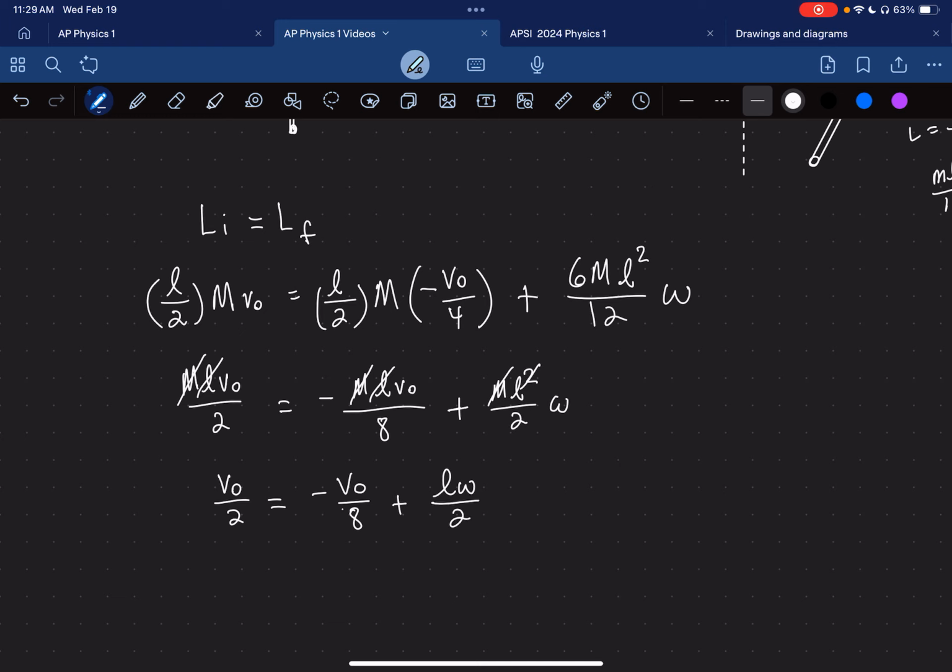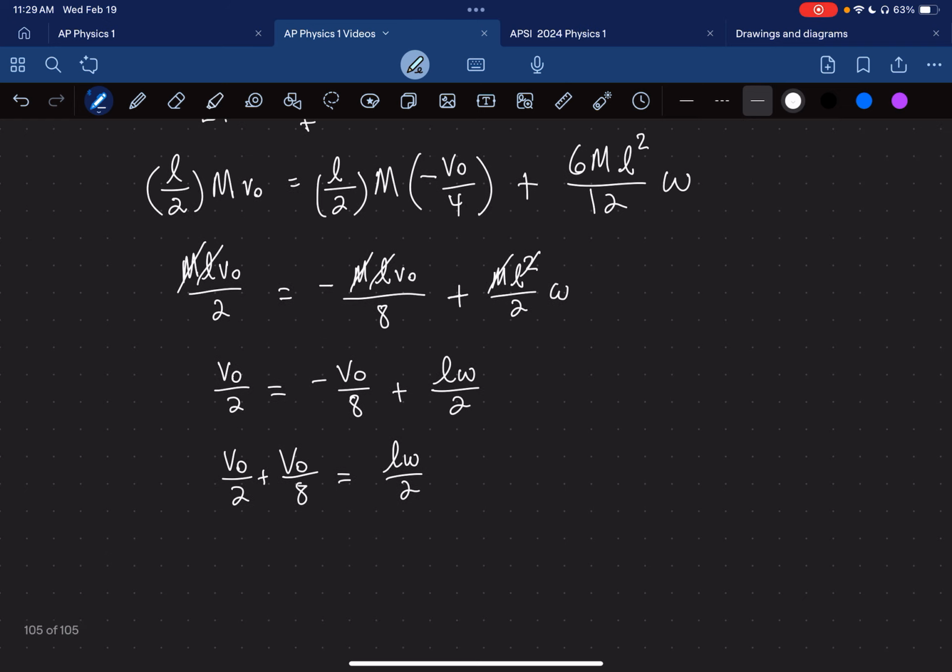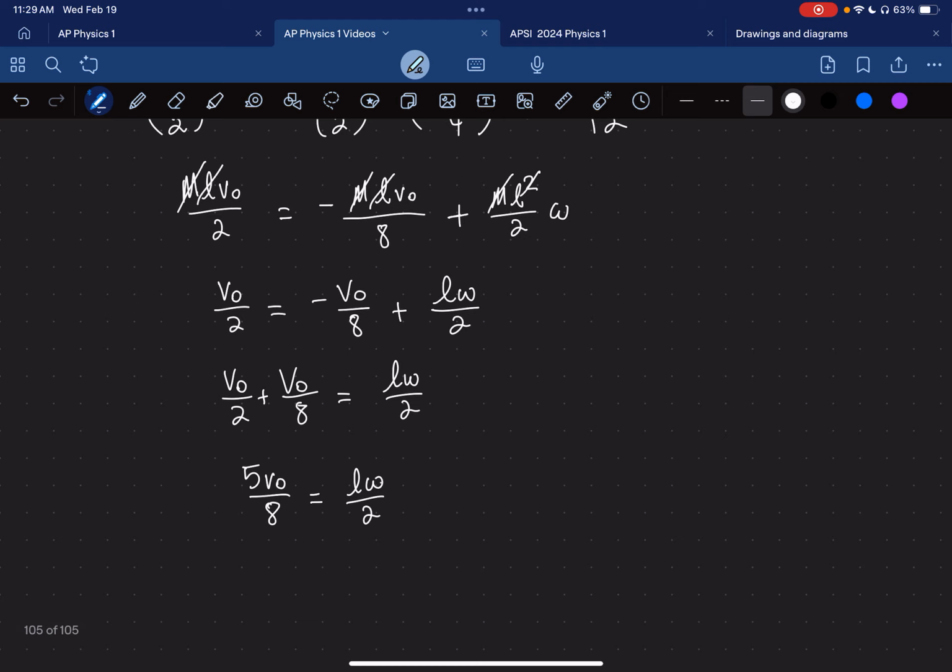We'll add v naught over 8 to both sides. Get a common denominator for these terms, which will be 8. So that's 4 v naught over 8. We add those together, we get 5 v naught over 8 is equal to L omega over 2. We'll get omega by itself.